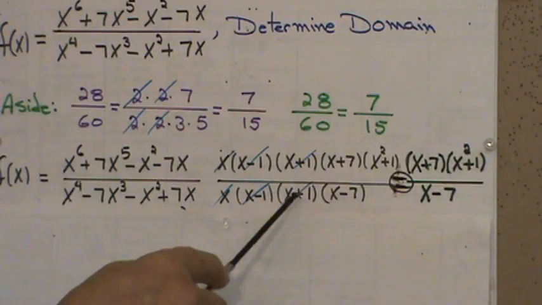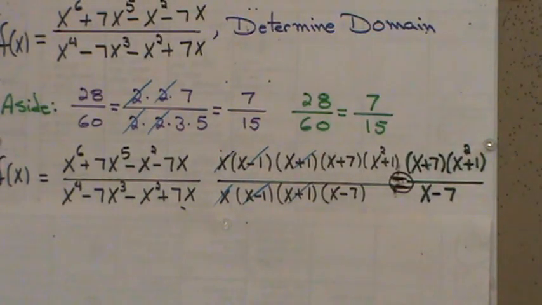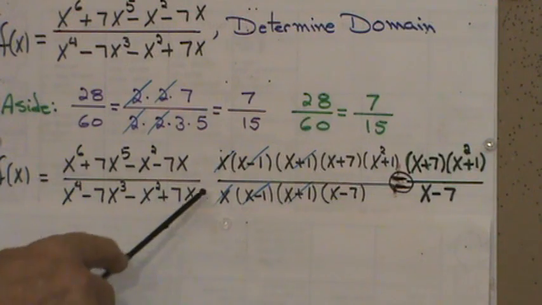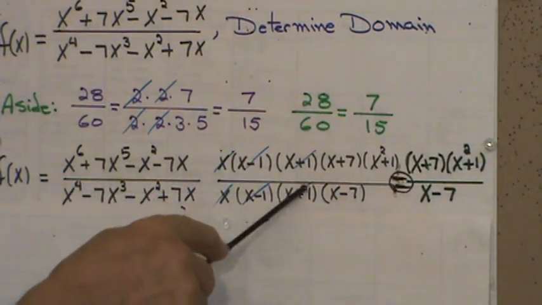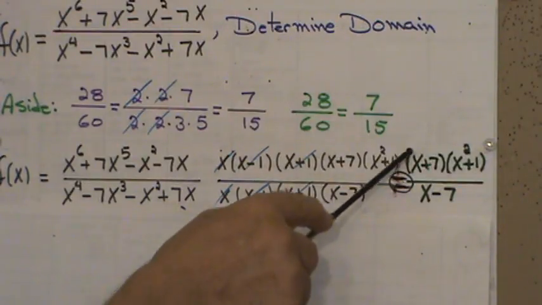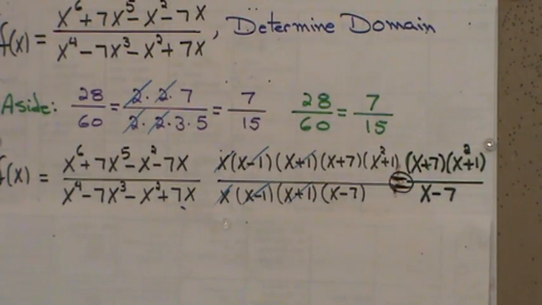Then I did the same thing for the denominator. Then I cancelled those factors that numerator and denominator have in common, and I ended up with this simplified form.